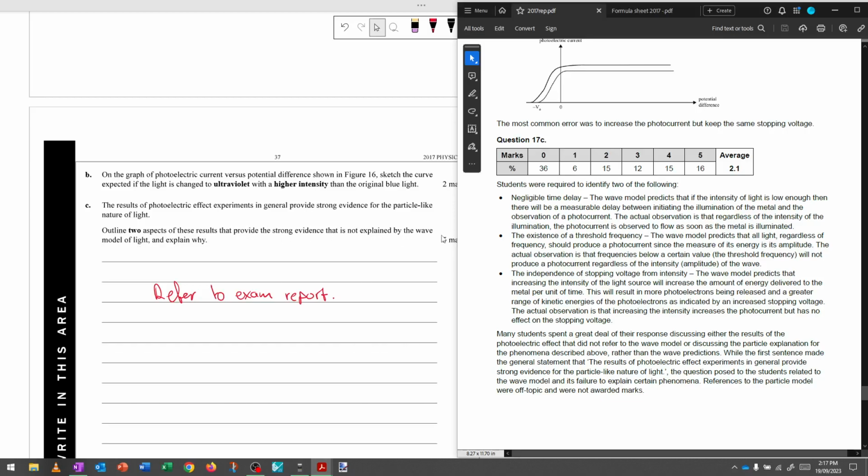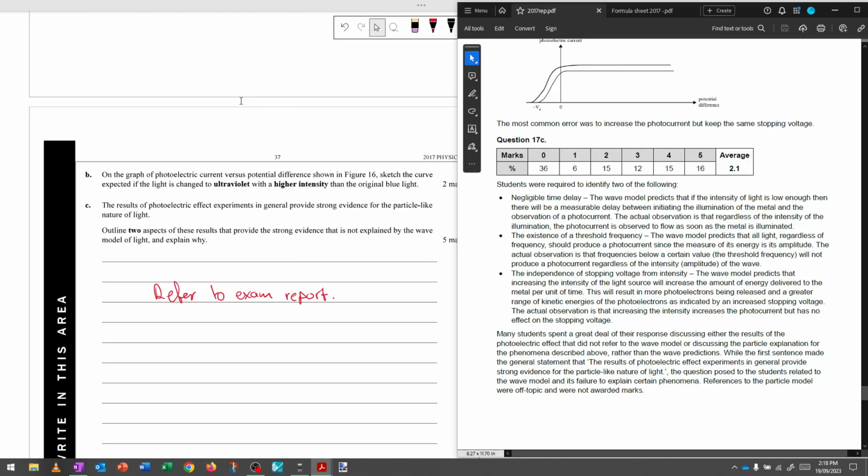Okay, it doesn't say anything about the particle model here. Yes, it says up here it provides evidence for the particle model of light, but that's not what they want you to do. They want you to say two of these things, and why can the wave model not explain that? All right, those are where your marks come from.